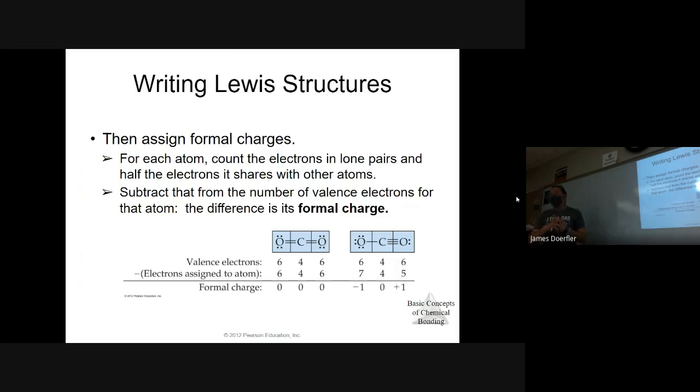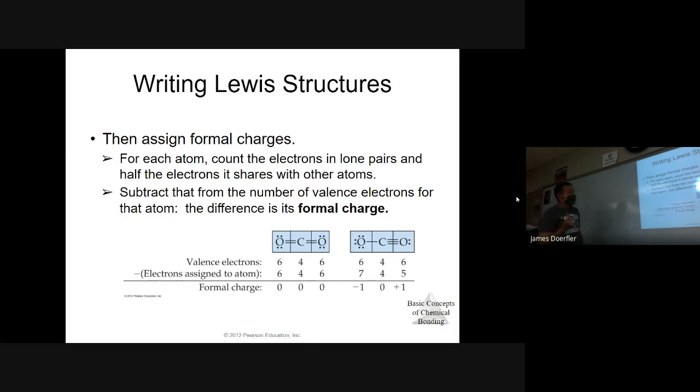So, anytime you do this, what you want to do is set up this kind of little table here, okay, where you have the valence electrons, and the value you give here is how many they have if you just look off the periodic table, okay? For instance, we have this compound right here, CO2, a pretty common compound. And this would be one form of its Lewis structure.